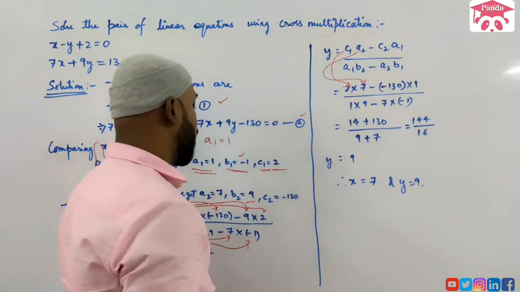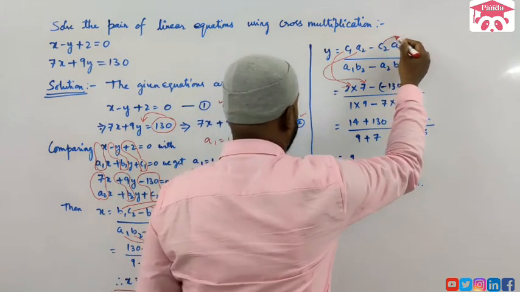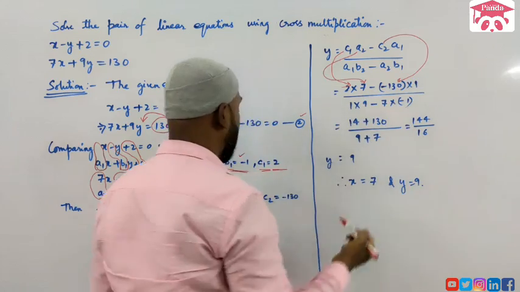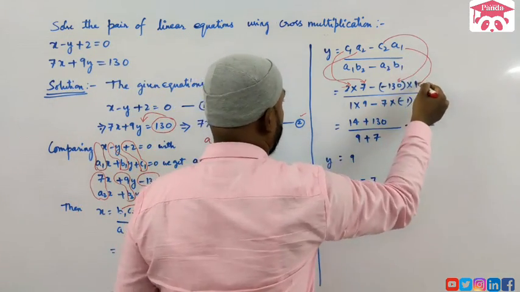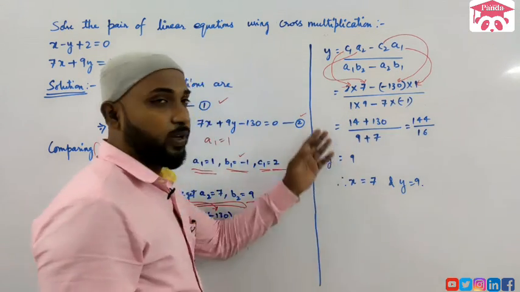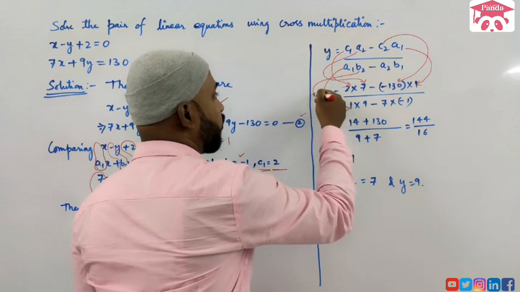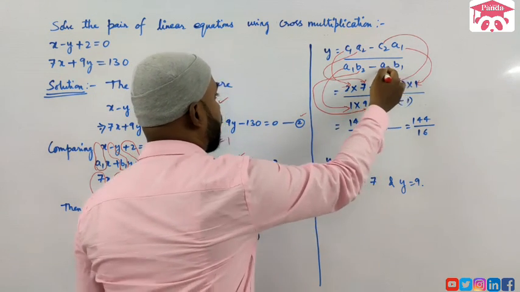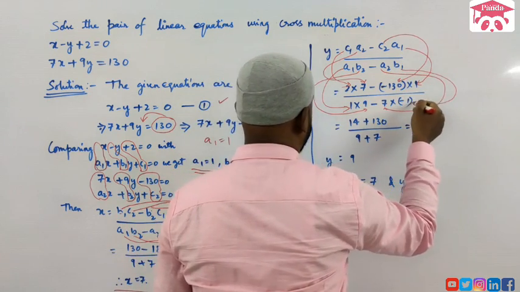Thereafter minus. What's the value for c2? It is minus 130. So in place of c2, I will put minus 130. And a1 is 1, so I will put 1. Similarly, I will put the other values also: a1 as 1, b2 as 9, a2 as 7, and b1 as minus 1.